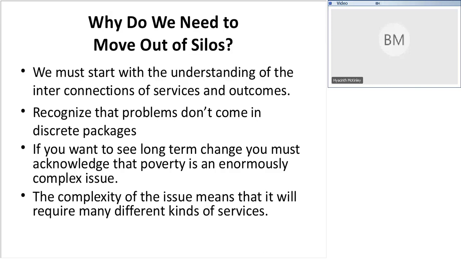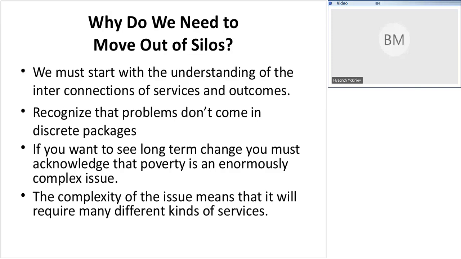So we need to look at that interconnection. And we realize that problems aren't in discrete packages. Someone that has a housing issue or a problem with housing may have problems in other domain areas. Often the presenting problem that a customer brings to a local agency is only one piece of the big problem.